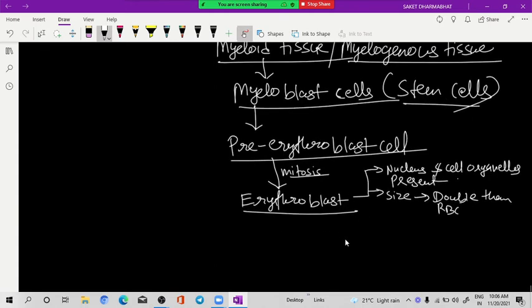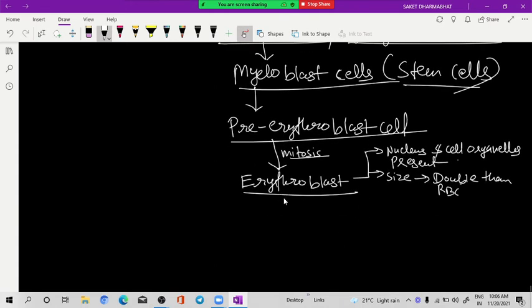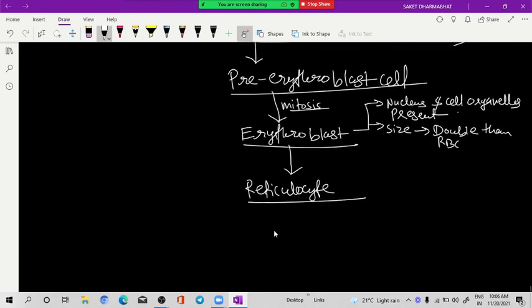Okay, so these are the things. Now this erythroblast will further convert into reticulocyte.